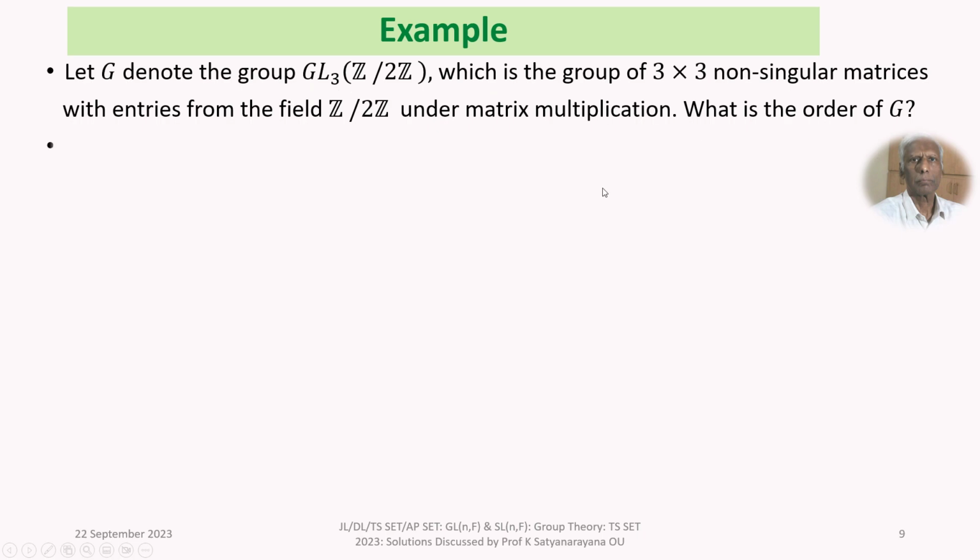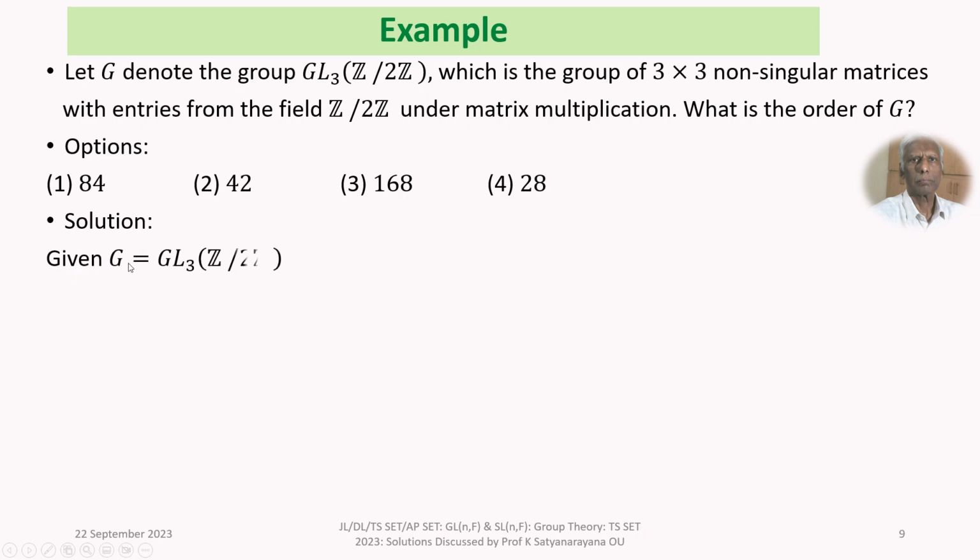What is the order? The options are given to us. Given G equal to GL3 of Z by 2Z, that is GL3 of Z2, that is Zp with p equal to 2. Z2 consists of 0 and 1 with addition modulo 2 and multiplication modulo 2. It is a field.